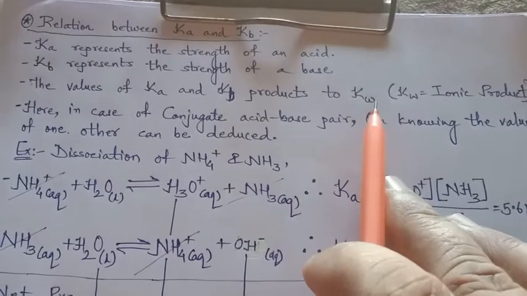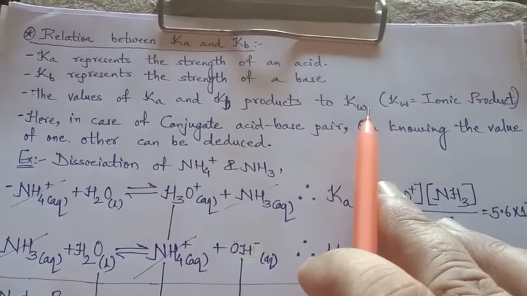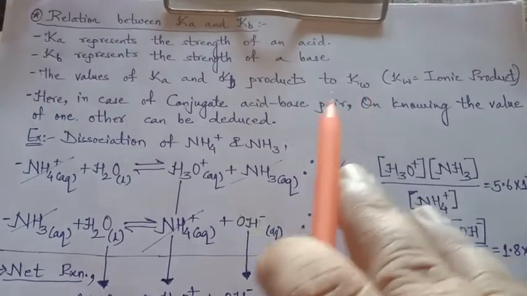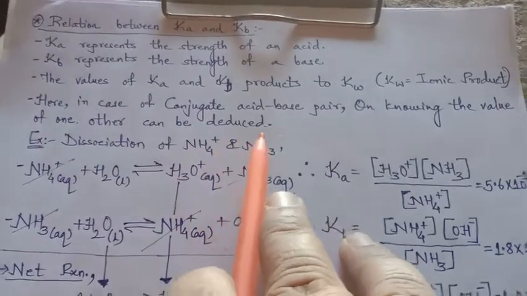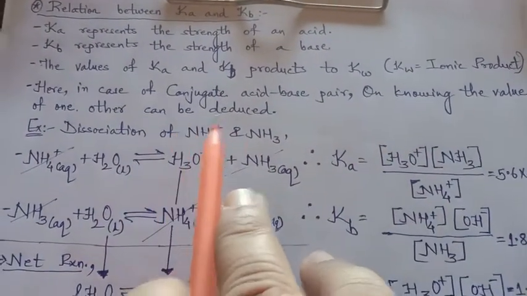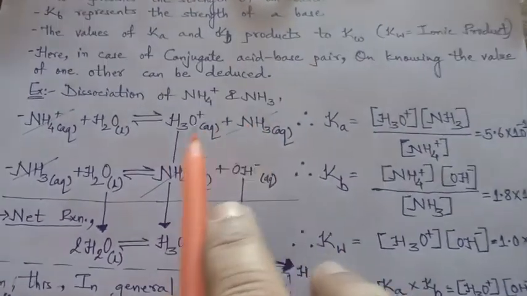And we know what water is in the ionization form. H2O when ionized, it is ionized as H plus and OH minus. So, in case of a conjugate acid-base pair, on knowing the value of one, the other can be deduced. Let us see how it is possible.